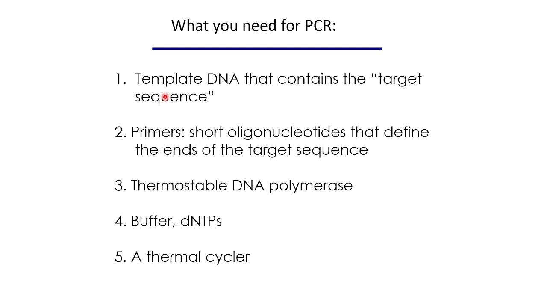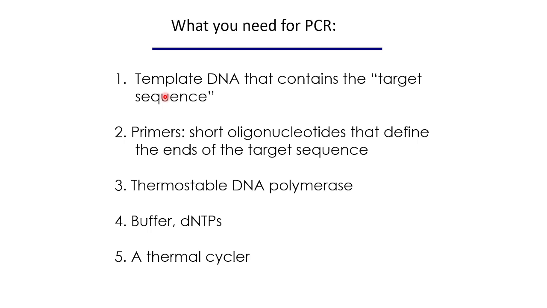These are short oligonucleotides that define the ends of the target sequence, as to which particular sequence we are looking to amplify. Based on that we design our primers, depending on which part of the sequence we want to amplify.